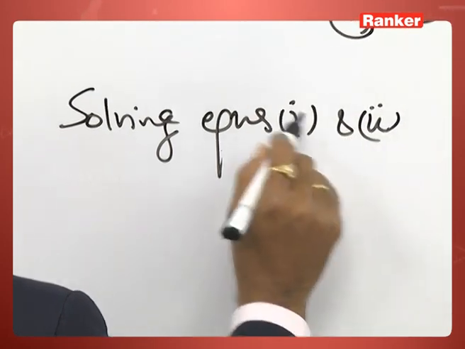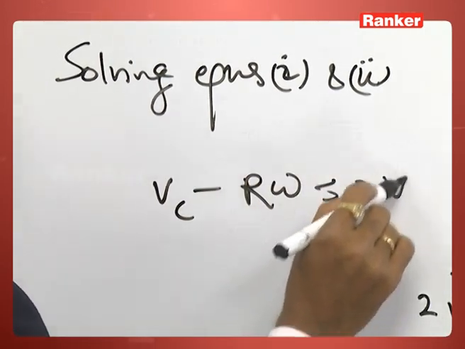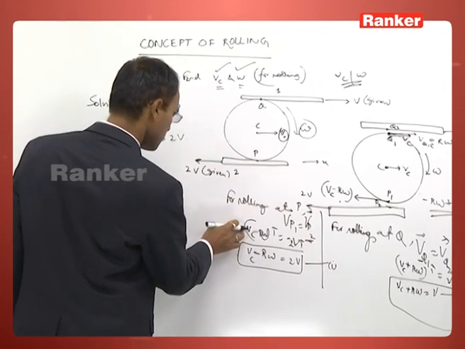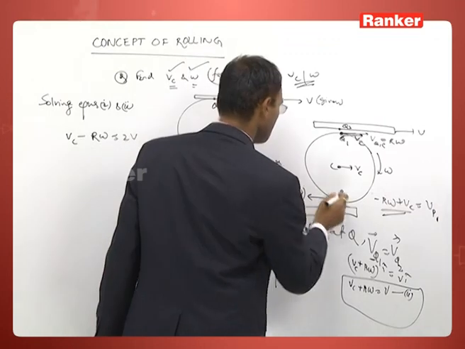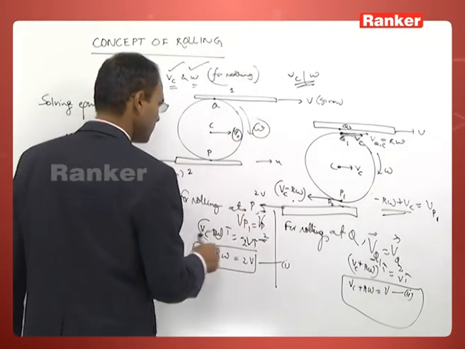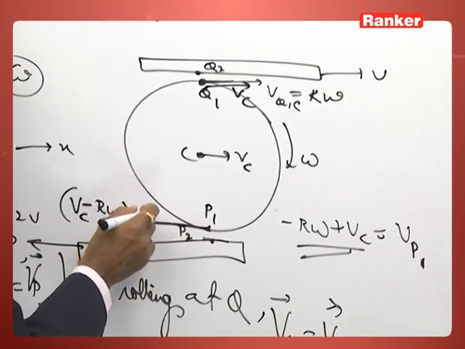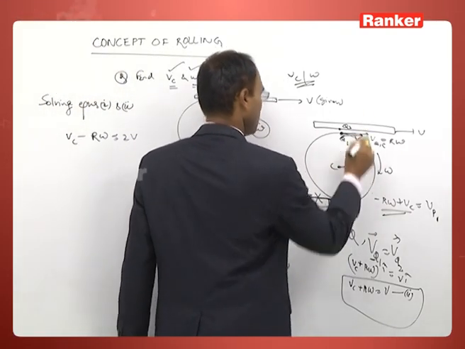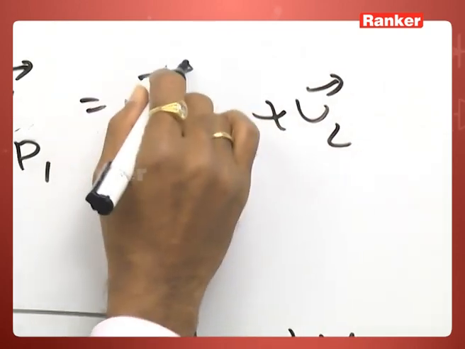Solving equation 1 and equation 2. The velocity of this point, minus r omega plus Vc, will be equated with minus 2v, and direction wise you may write in this way, but that's actually incorrect. Vp1 is equal to Vp1c plus Vc.